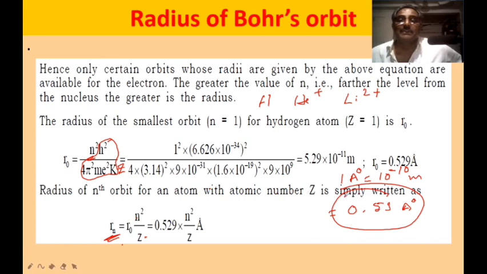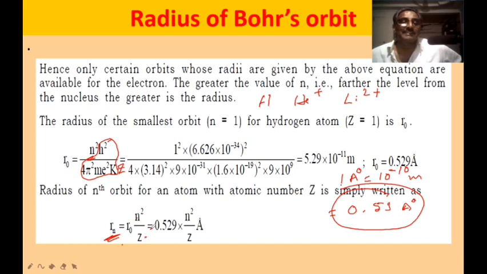What is this 0.53? The simplified value of h square by 4 pi square m e square into Z, all of which are constants, is 0.53. Here we considered Z is equal to 1 and n is equal to 1. For other species and for other orbits, n is not equal to 1 and Z is not equal to 1.